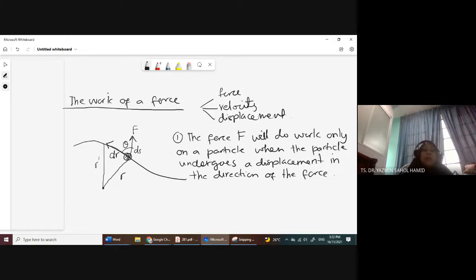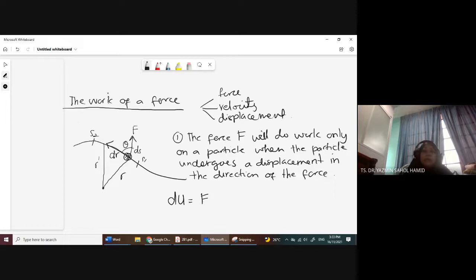Where do you think is the direction of the displacement? So the particle is moving, let's say from here to here. Let's say this is S1 and this is S2. So the direction of the force must be in the same direction as the displacement. So if you understand that, if we want to identify the work done, usually the symbol dU is work, equals the force F, what?